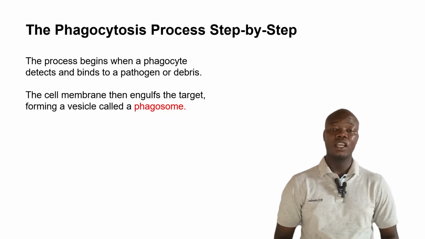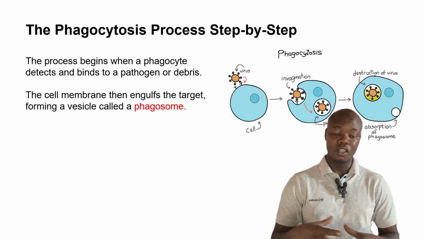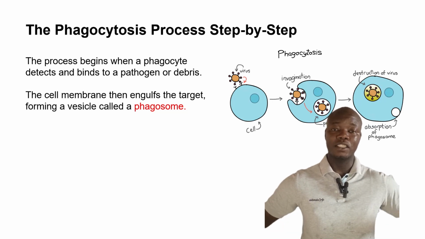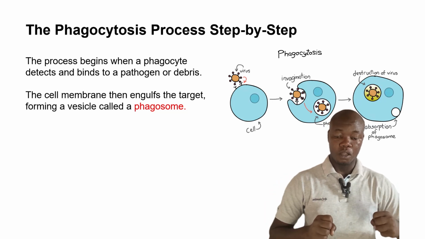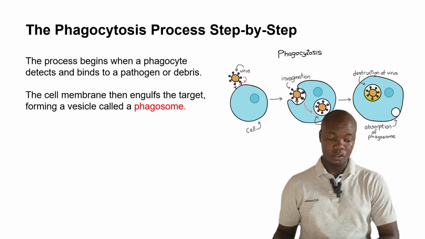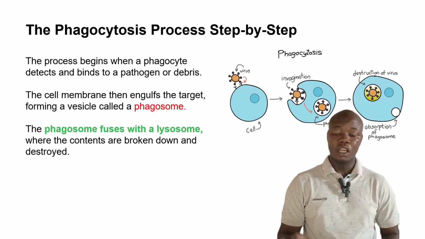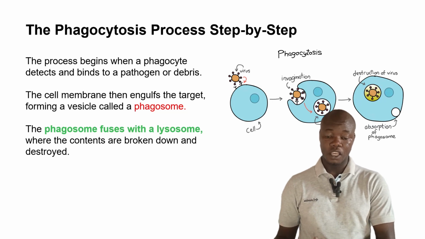You see, this is a virus, and this virus is detected by these phagocytic cells and binds to the receptors. After binding to the receptors, the membrane will be extended, which will surround the microorganism and engulf it. After that, a vesicle is formed, which is called a phagosome. And then the phagosome will fuse with the lysosome, where the contents are broken down and destroyed. Why are the pathogens destroyed here?